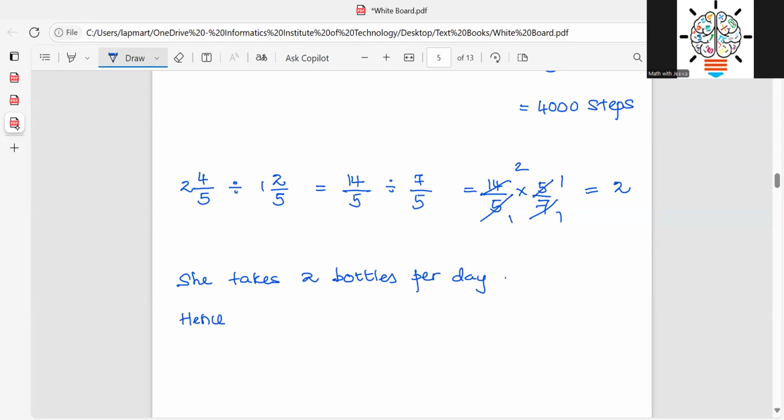Hence, she takes 14 bottles. How did I get it? 2 bottles per day and 7 days. 14 bottles per week. This is how you conclude your answer, right?